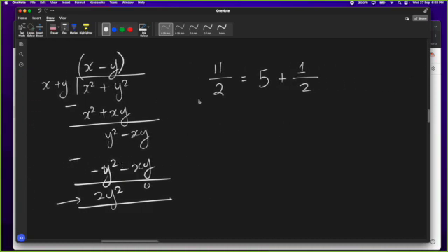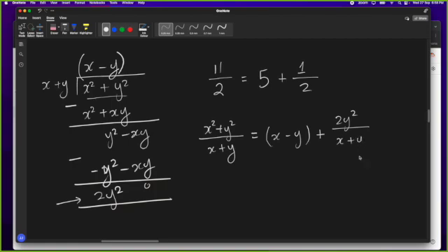But in this case, look at what I have. It's the same thing. This is the multiple, x squared plus y squared. It's being divided by x plus y. What did I get? I got the factor of x minus y plus the remainder 2y squared all over the divisor x plus y.